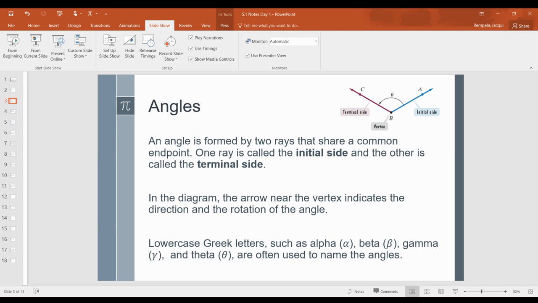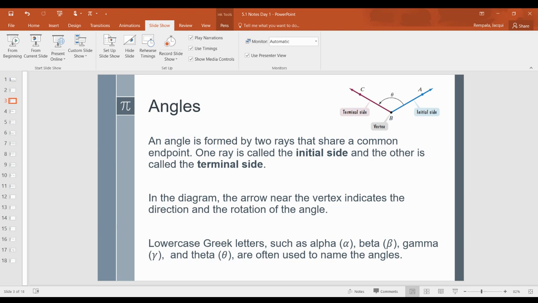Mostly we'll be using lowercase Greek letters such as alpha, beta, and gamma. But the symbol right there is theta. That's the one we probably use the most, though these four are the Greek letters used most often when we're doing these types of problems.